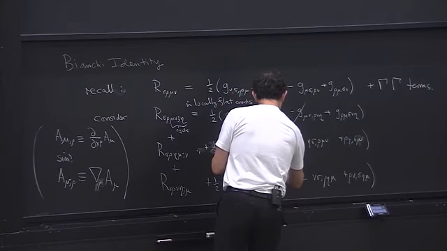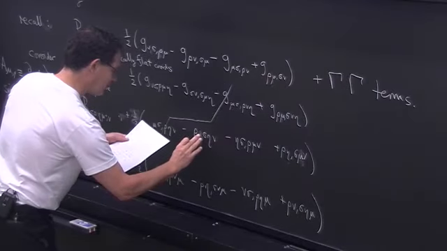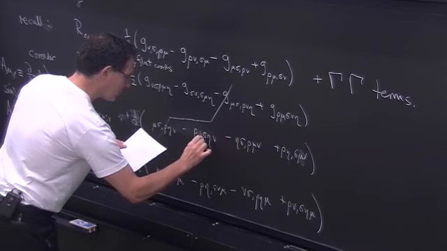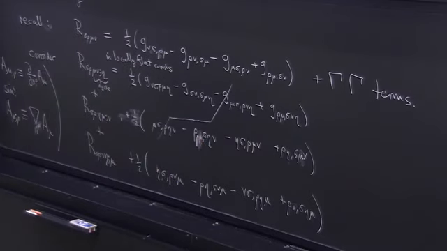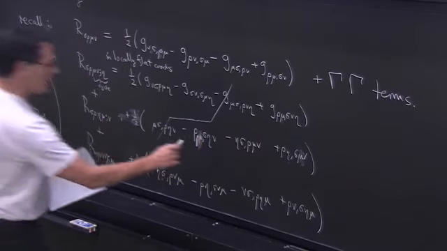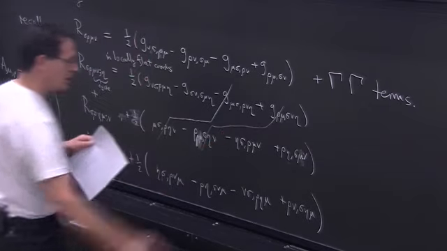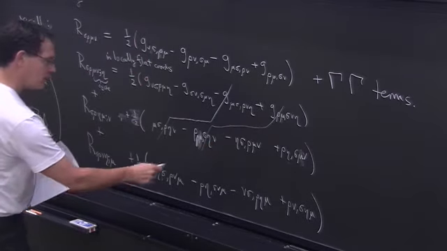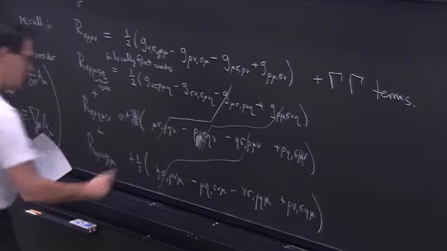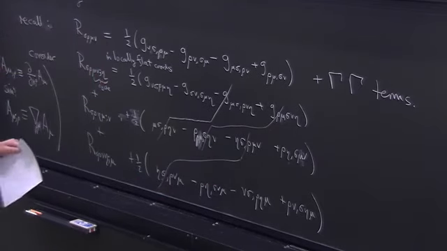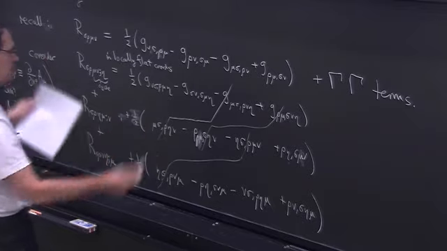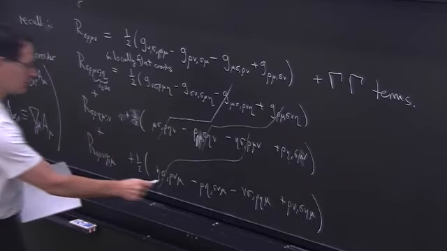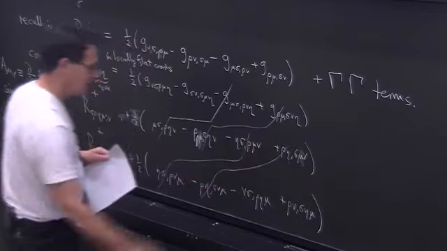This I haven't even written down. Plausibly, rho, this should be rho mu. Rho mu, so this guy cancels with this guy. Eta sigma cancels with this one. Rho eta cancels with this one.